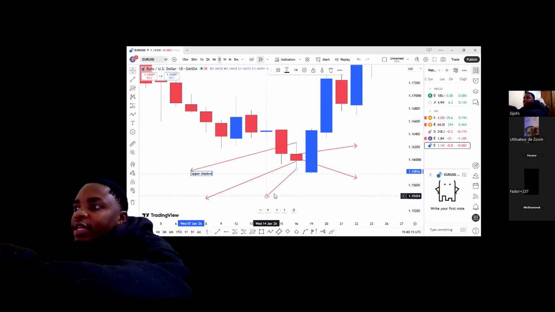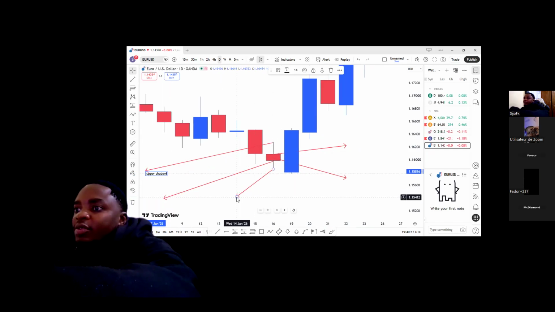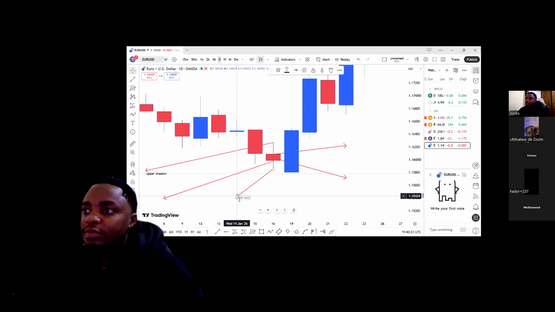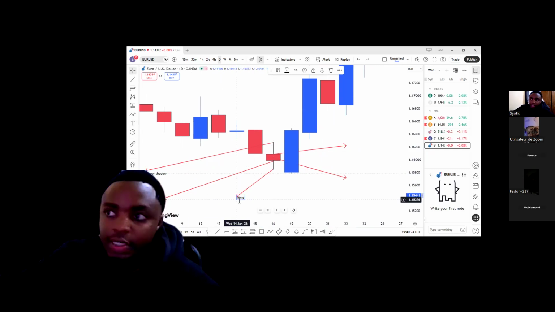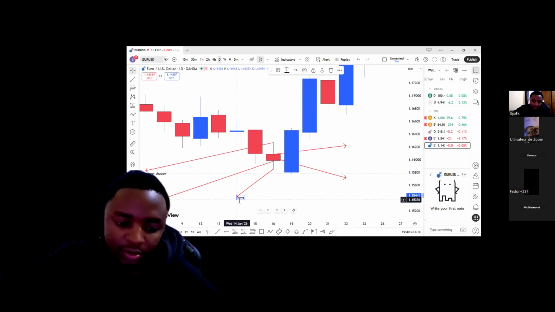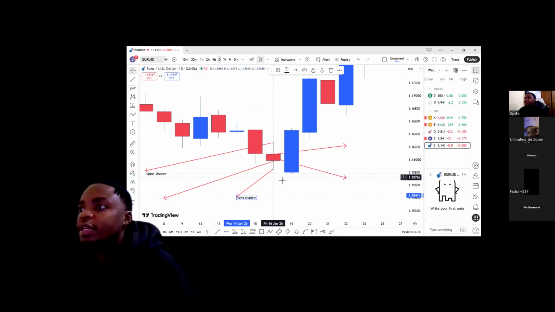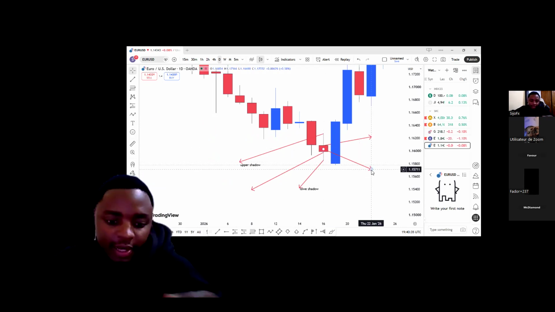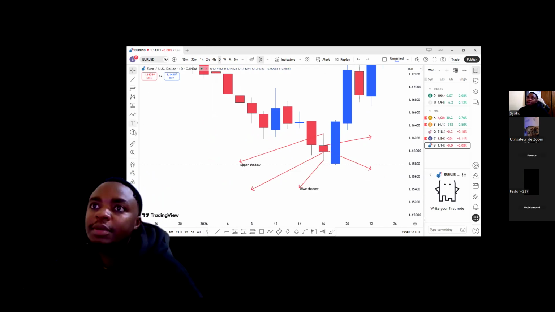And we have the lower shadow of the candle. This one is the lower shadow. Then this middle part is the body of the candle. Let me write it.